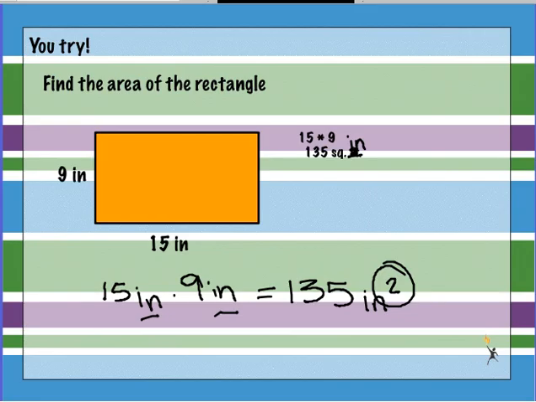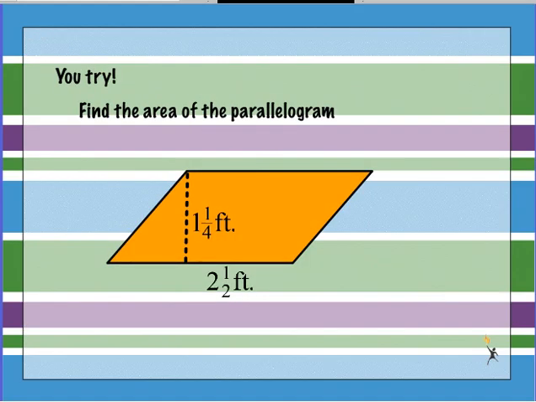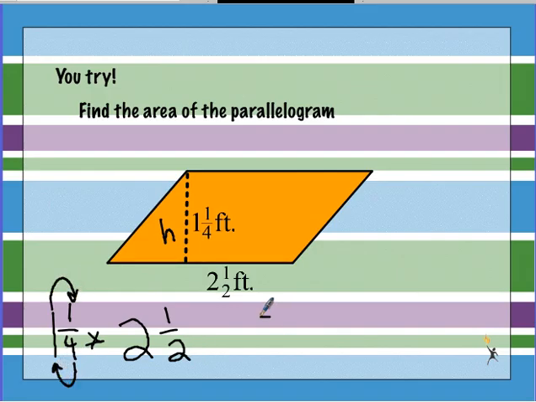So for the next one, we have the parallelogram, and you have 1 1/4 foot is the height. So 1 1/4 times 2 1/2. Right? And we know that when we multiply using fractions, we have to turn them into improper fractions first. So I multiply and then add, and I get 5/4 times multiply and then add.